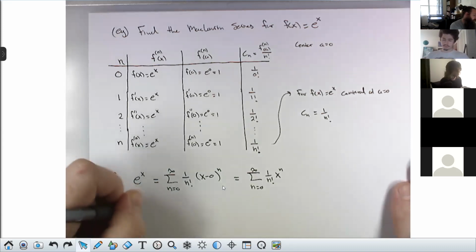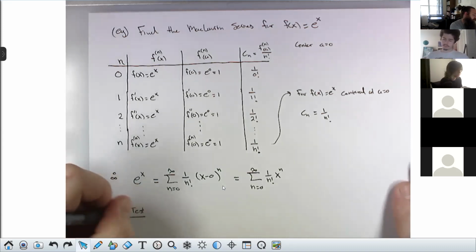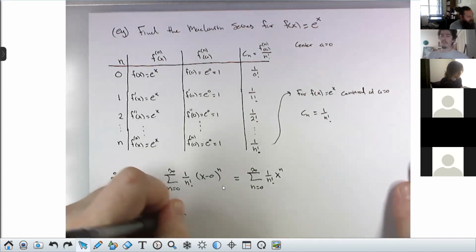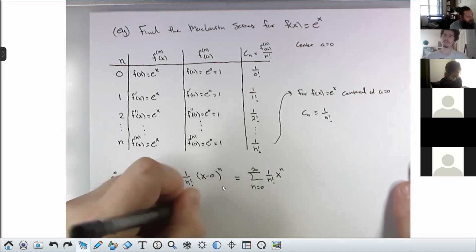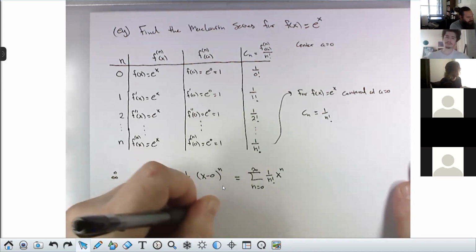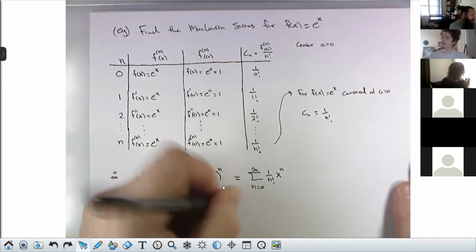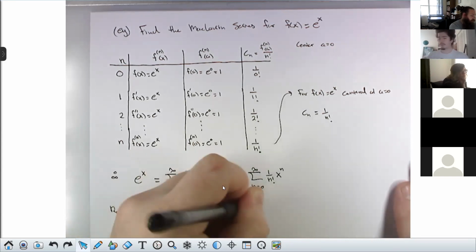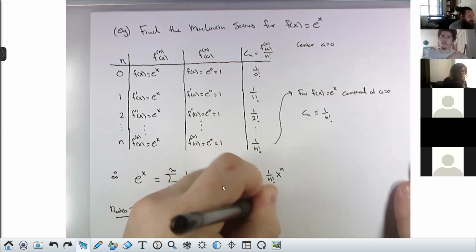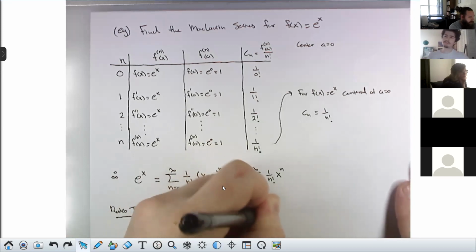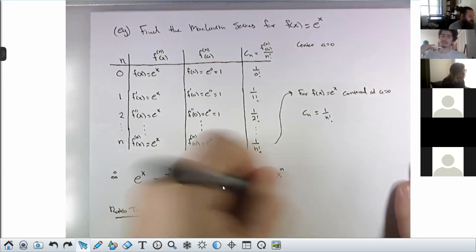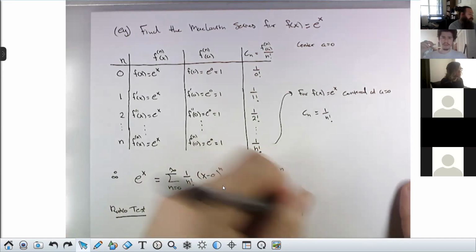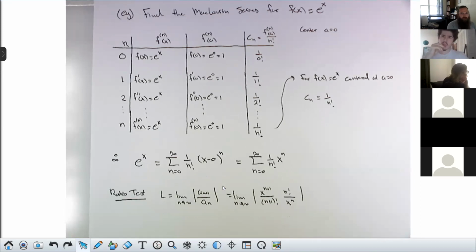Now we've done the ratio test for this series before as an exercise, so I'm going to move quickly here. And then it ends up looking like this.